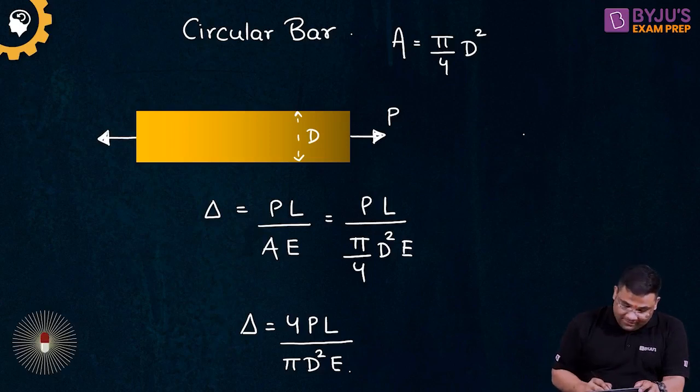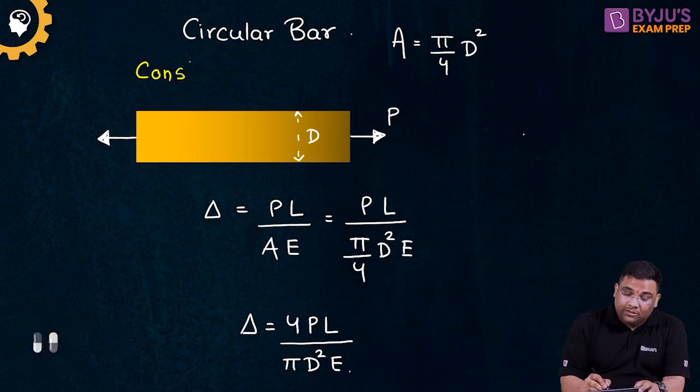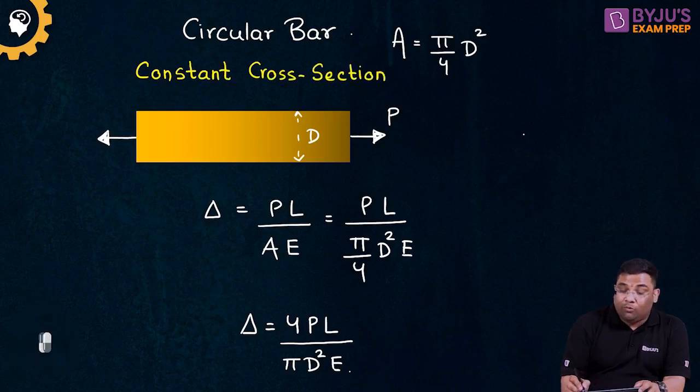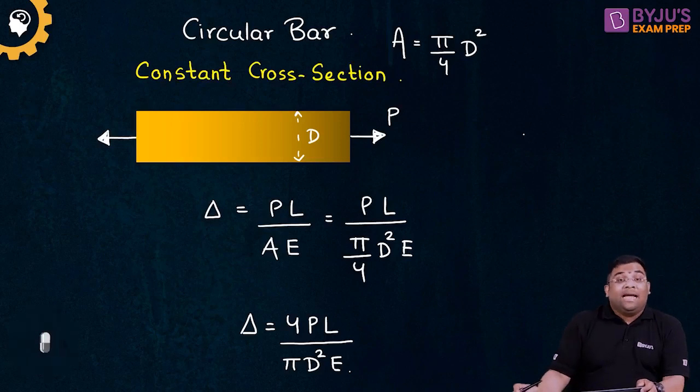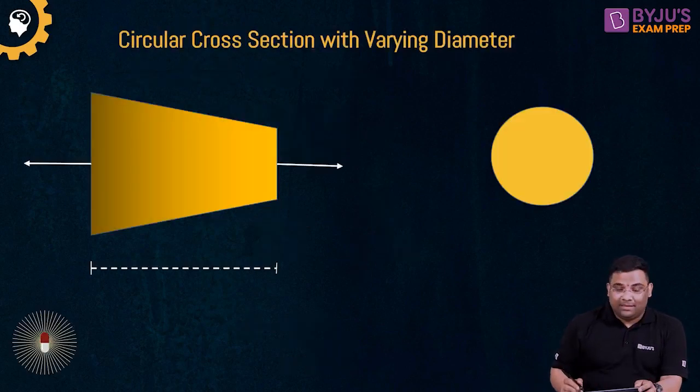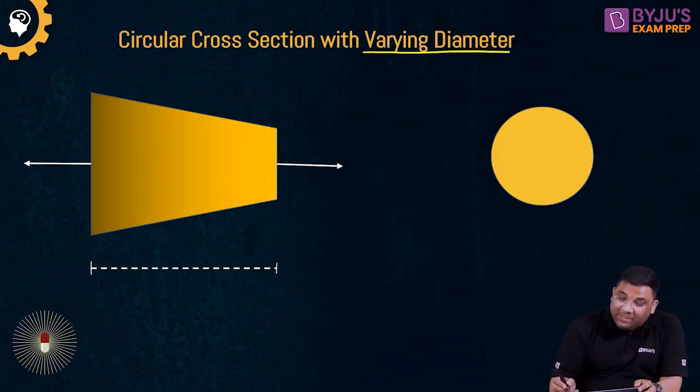Now you see, this circular bar has constant cross section, which means the diameter is uniform throughout the length. But if the diameter is changing, then I will call that a tapered bar, and it will look something like this. This is a tapered bar, or we can say a circular cross section with varying diameter.